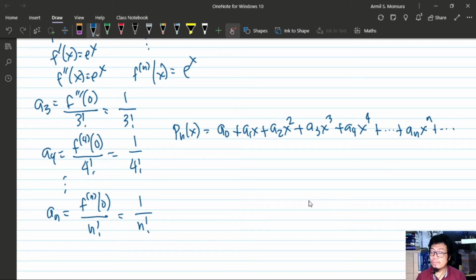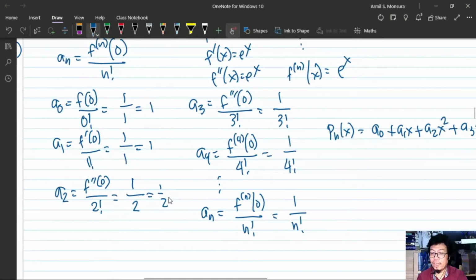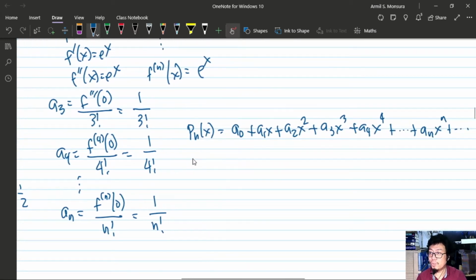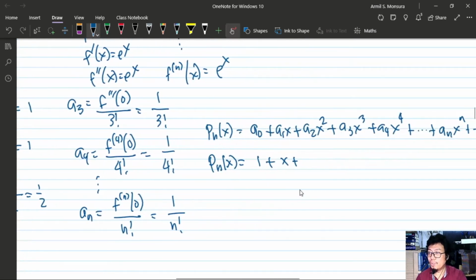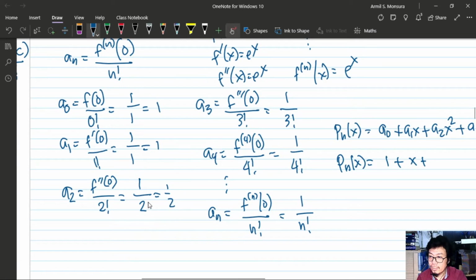Okay, so therefore, we substitute these Maclaurin coefficients into this, so we will be able to write the Maclaurin polynomial as a0 is 1, a1 is 1 times x, so that's x. a2 is 1 over 2 factorial. Let's write it that way.